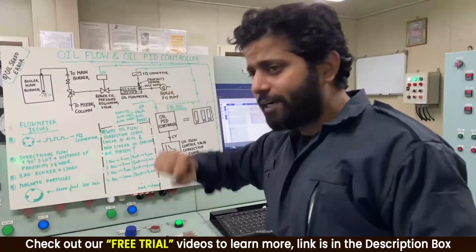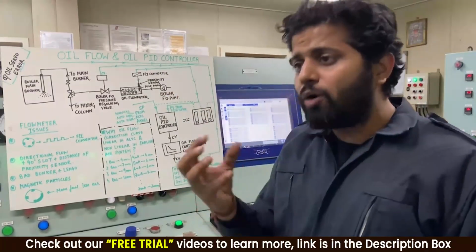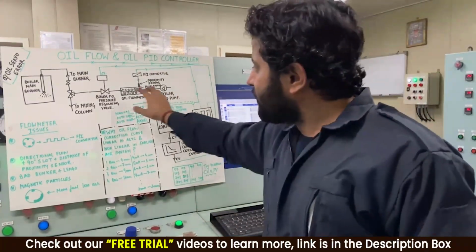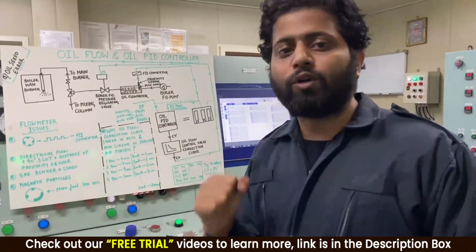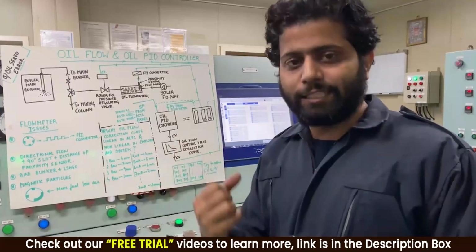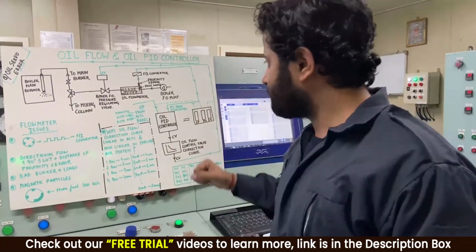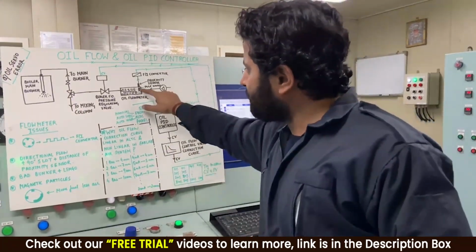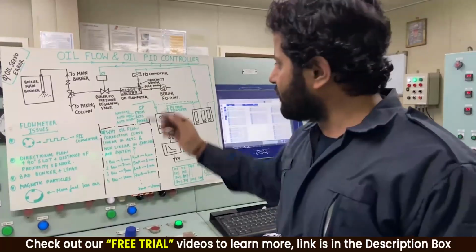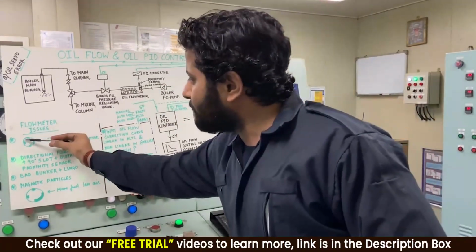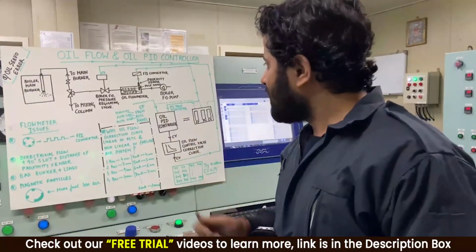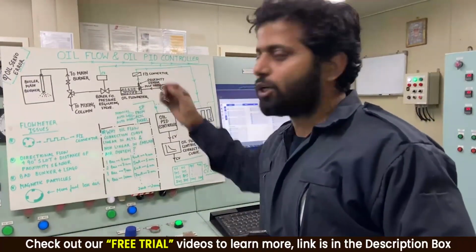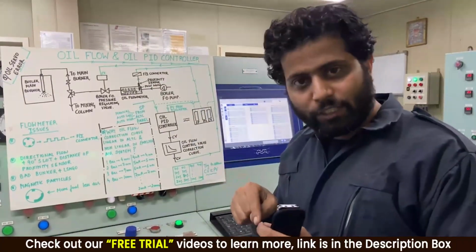So just to calculate how much fuel is going, we knew that each rotation of this flow meter will send a certain amount of oil, say 10 cc or 100 cc. Fine. What we did was, we put a pole wheel over here. This pole wheel has magnets fitted, say 4 magnets, just to give an example. And I have put a proximity sensor over here, right?